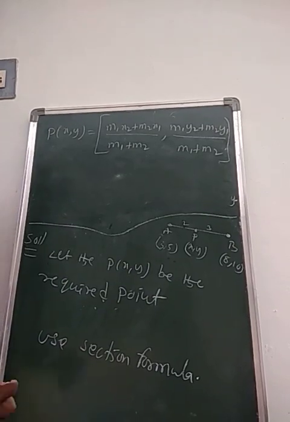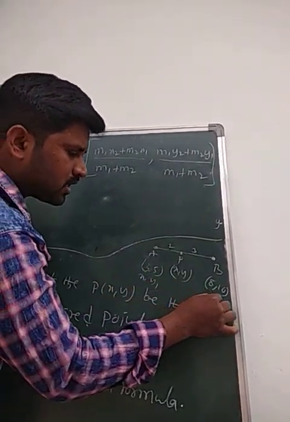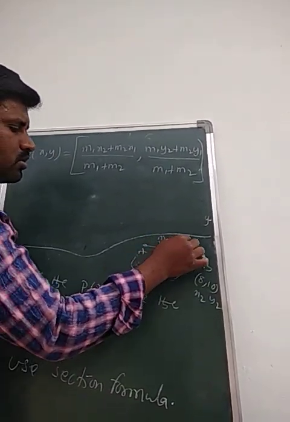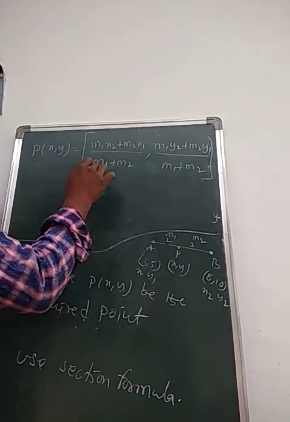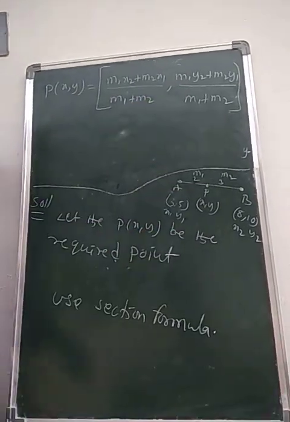Now we take this as x1, y1 and this as x2, y2. So m1 means 2 and m2 means 3. Then substitute the x1, x2 and m1, m2 values in this place.